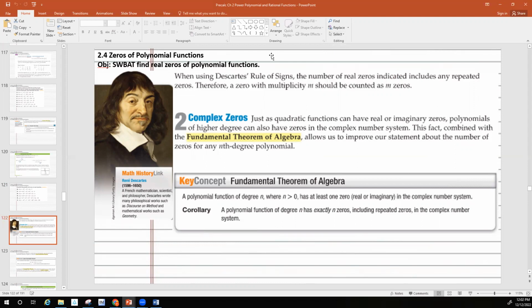So when using Descartes' rule of signs, the number of real zeros indicated includes any repeated zeros. Therefore, a zero with multiplicity m should be counted as m zeros. So again, if you had x minus 3 squared times x plus 7, there you have 3 not once, but twice. You just don't write it twice, okay? You just write it once, but then it's actually there twice because it has a multiplicity of 2.